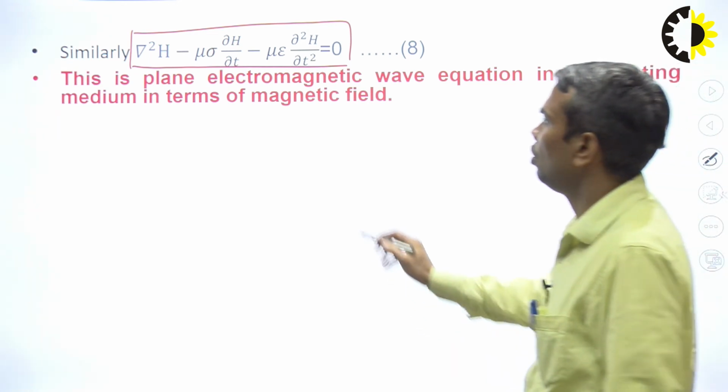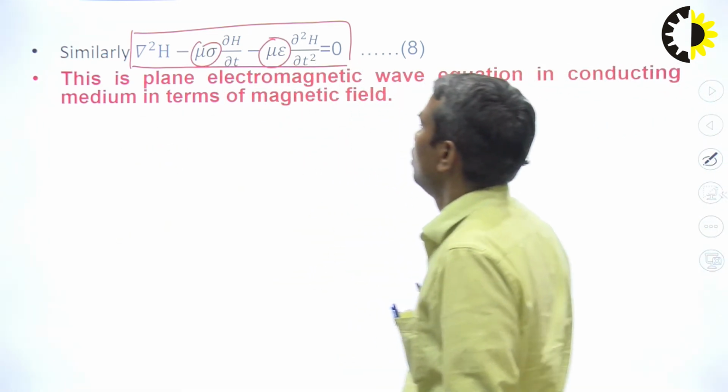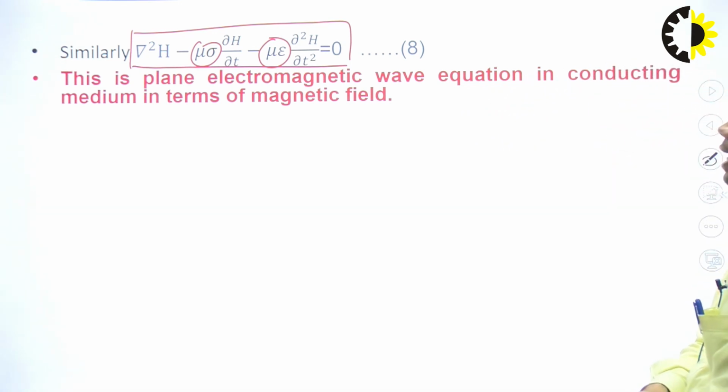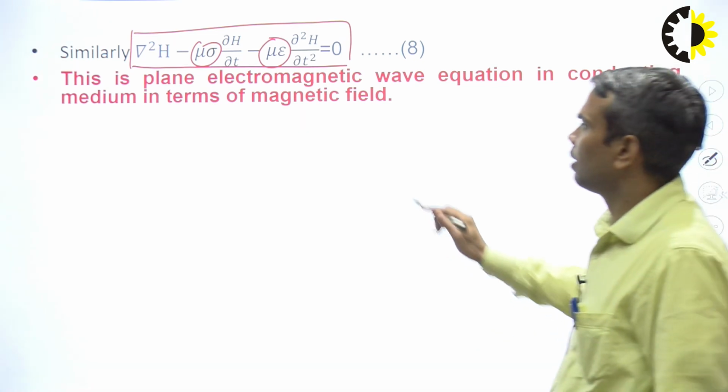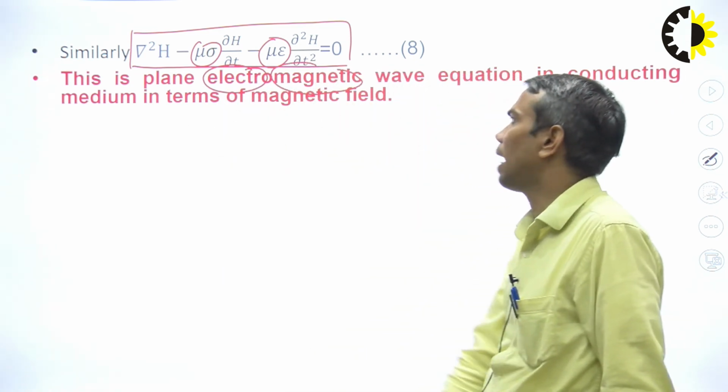So here mu sigma and mu epsilon. So simply E is replaced by H. So these two equations are known as electromagnetic wave equation in conducting medium. Electromagnetic means one equation is for electric field, another equation is for magnetic field.